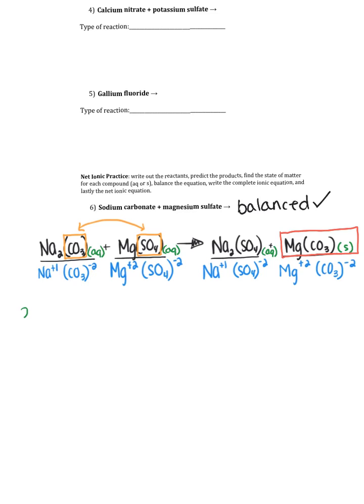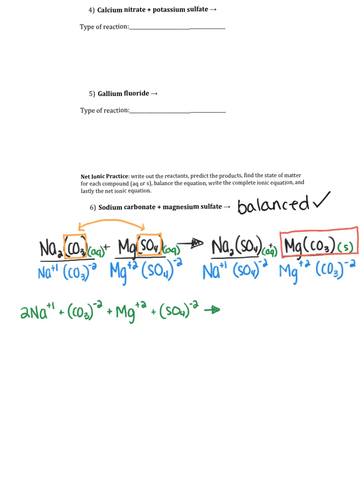So we're going to write that we have two sodiums. Sodium has a +1 charge. There's only one carbonate with a -2 charge. Magnesium has a +2 charge, and sulfate has a -2 charge. So that's your reactants. Everything's aqueous.